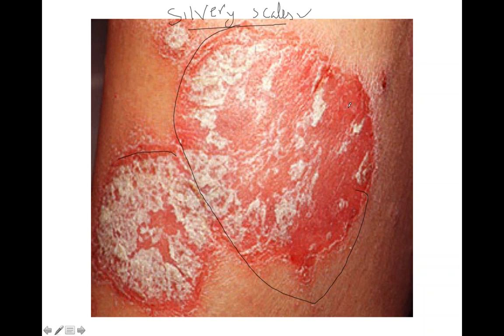So treatment here also is steroids or emollients. On the elbows we can use betamethasone, so we use strong steroids on the elbows or the knees.